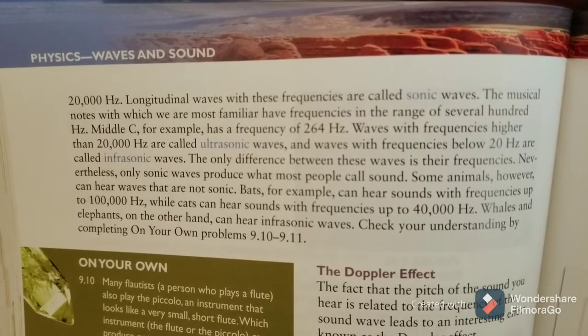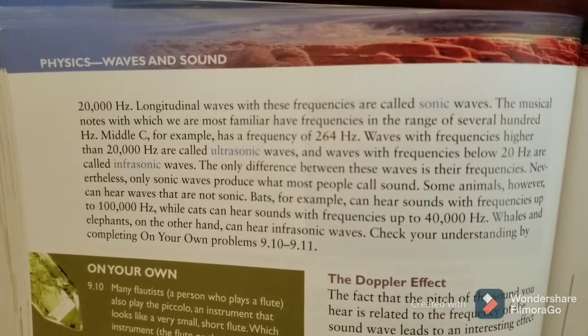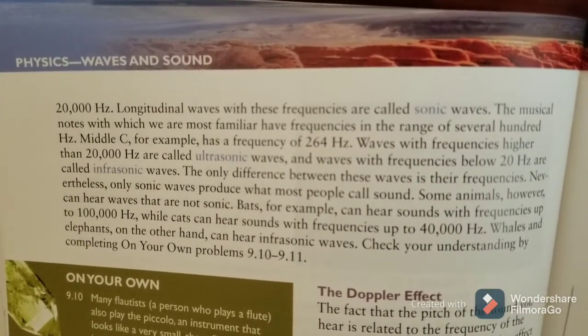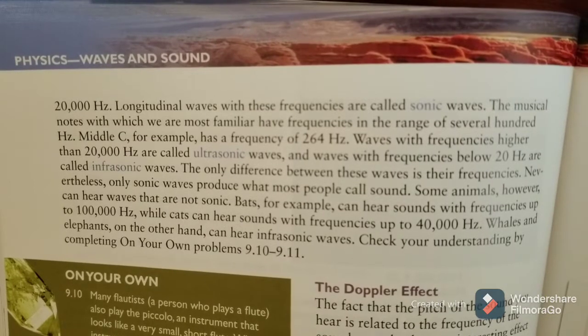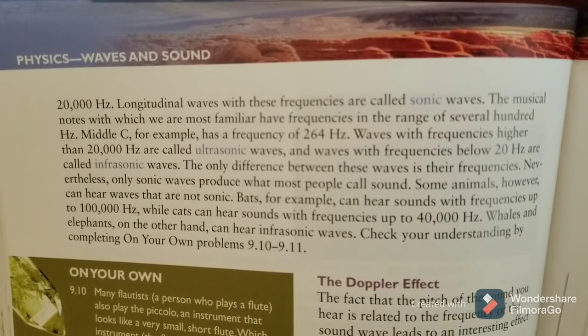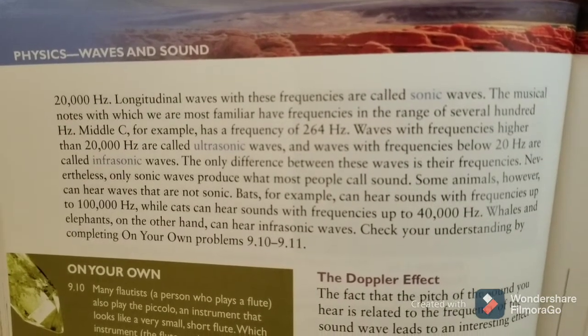So they hear the higher ones. Which one's the higher? Ultrasonic. I'm going to try to make up for my error there. I just wish I could make a video without messing up somehow, but it's never going to happen. Sorry, guys. Whales and elephants can hear the infrasonic, the low ones.